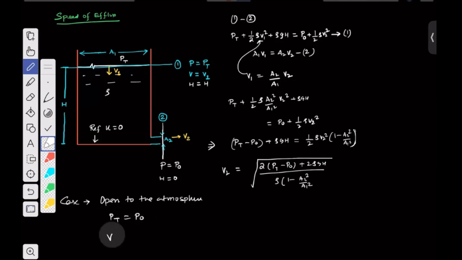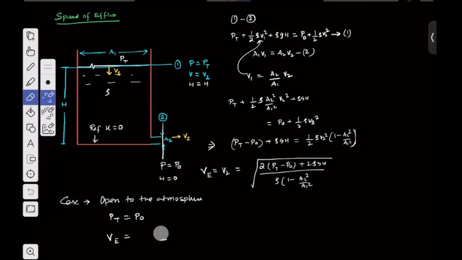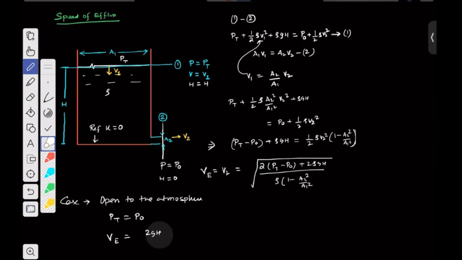In that case, the speed of efflux, which I'll write as VE, becomes, you see that rho will get cancelled, the square root of 2 g h divided by 1 minus A2 square by A1 square.